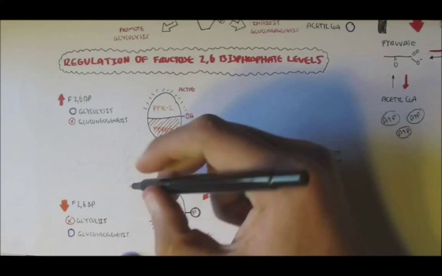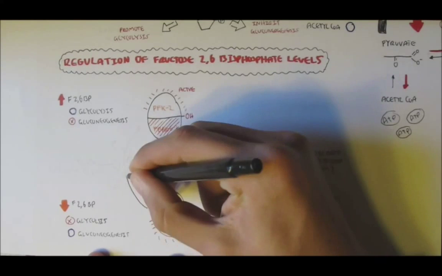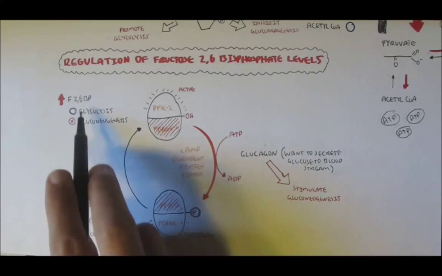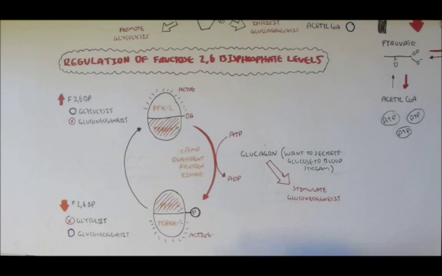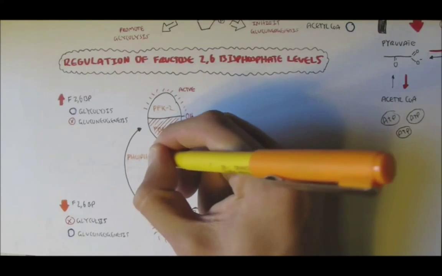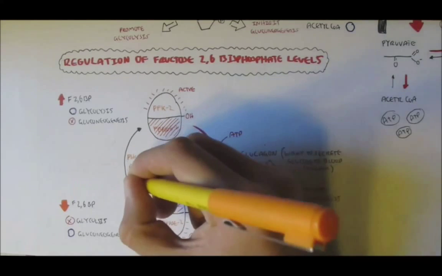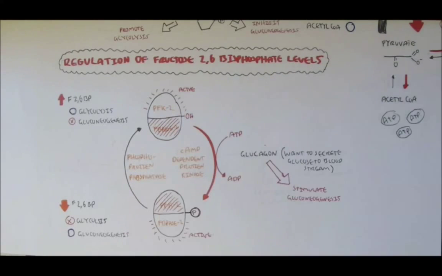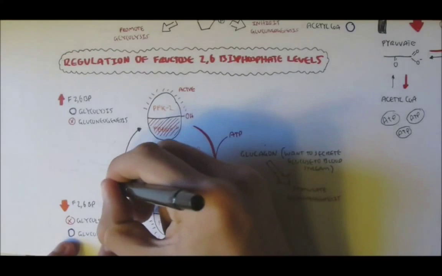And then again, if fructose 2,6-bisphosphate levels drop too low, the egg enzyme will be hydrolyzed to remove the phosphate. And this is done by the enzyme phosphoprotein phosphatase.